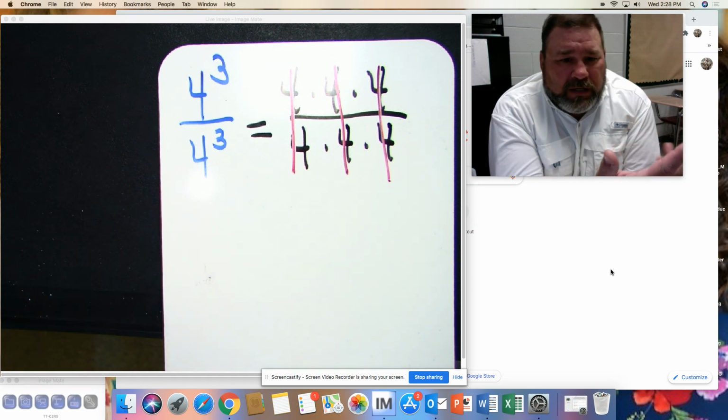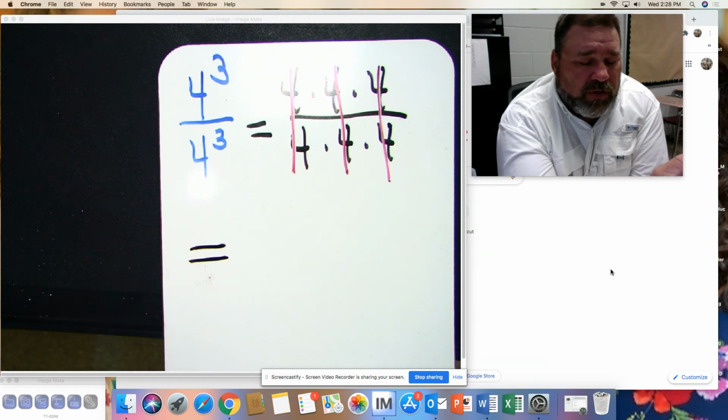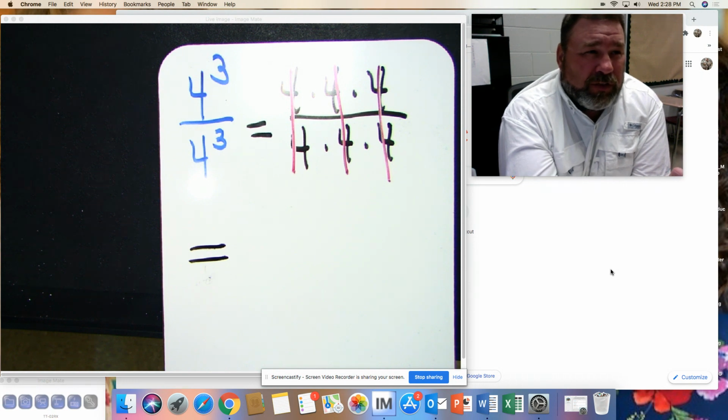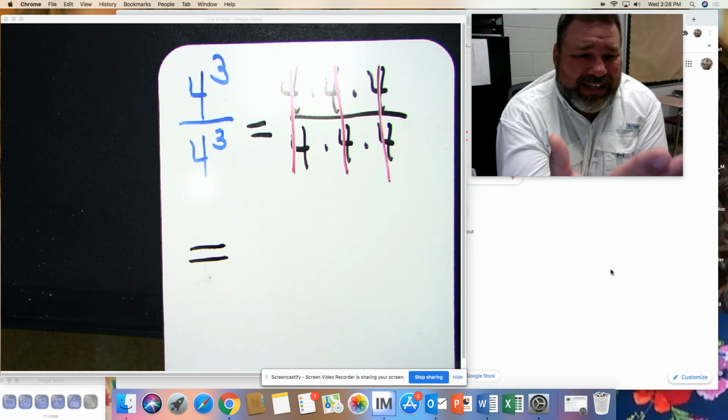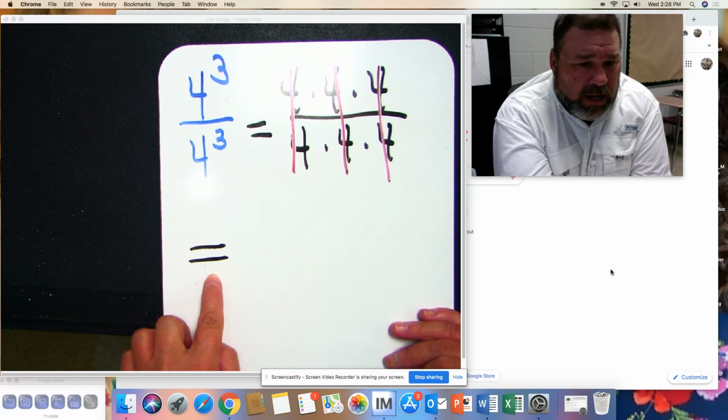Well, you actually know, we learned back probably in 4th or 5th grade, any number divided by itself is just what? 1. So 4 cubed divided by 4 cubed is still 1, right? So I know it's going to be 1.